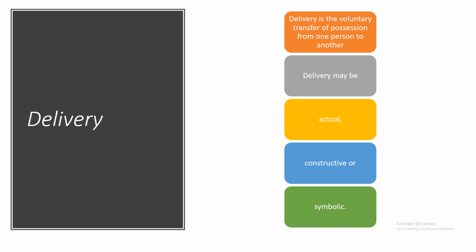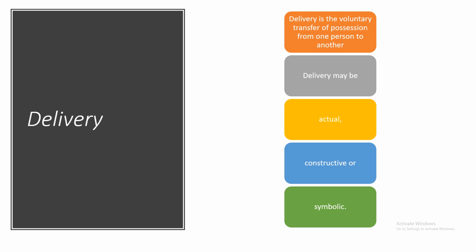A document showing title cannot be transferred from one person to another by merely handing it over, whereas a document of title to goods can be transferred from one person to another.